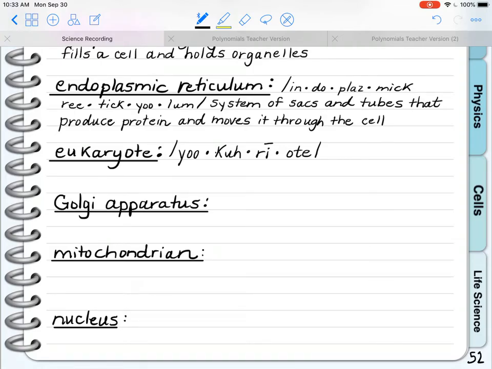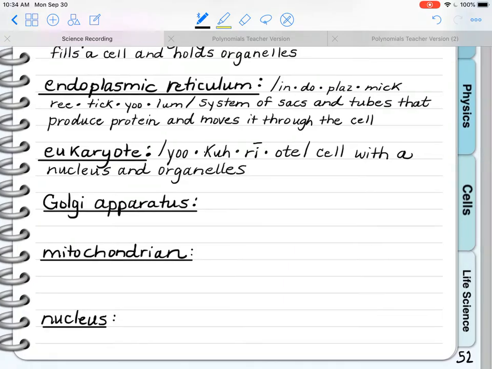Anyway, a eukaryote is a type of cell with a nucleus and organelles. So a eukaryote is a cell that has that nucleus and the organelles.